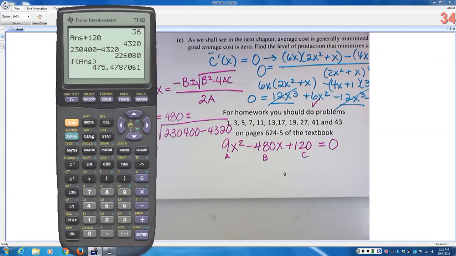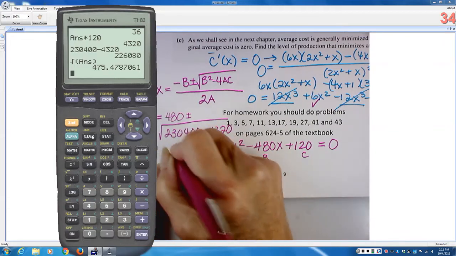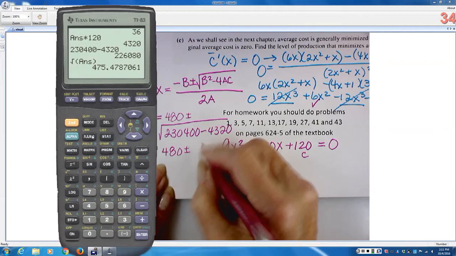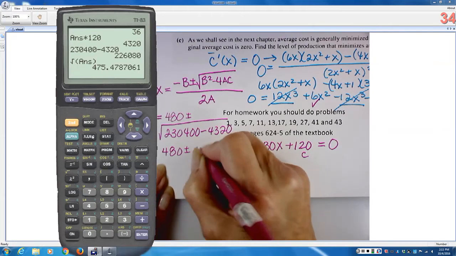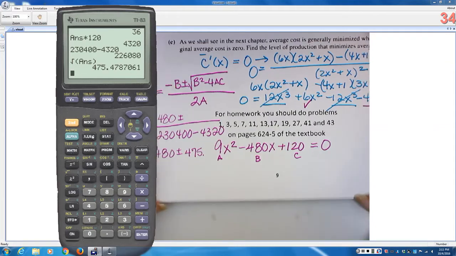And I get about 475. So 480 plus or minus 475. And if you want to call that 475.50, that's fine, but we're talking in dollars here, and this is average.